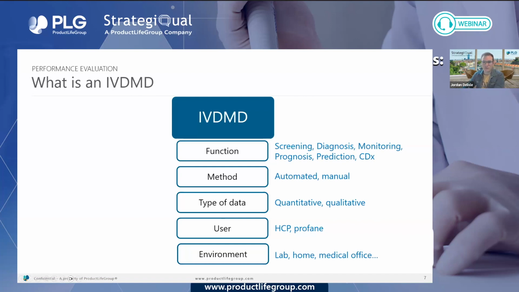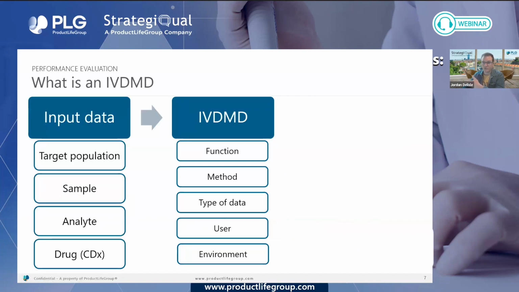What type of users it's intended for. Is it the patient himself, a healthcare professional, a trained personnel? And in what environment will the test be performed? It can be an analysis lab, at patient's hospital bed, at home, maybe in an ambulance, whatever.